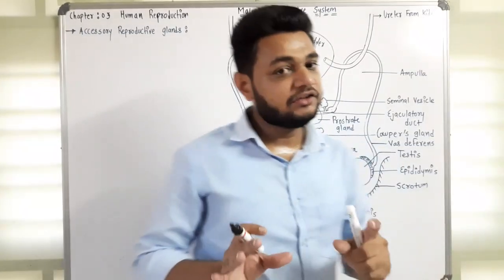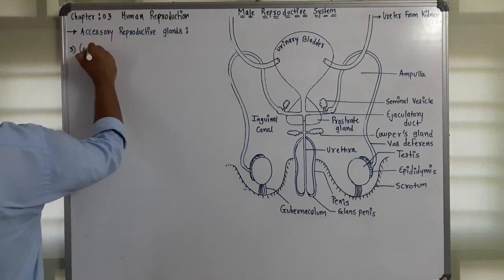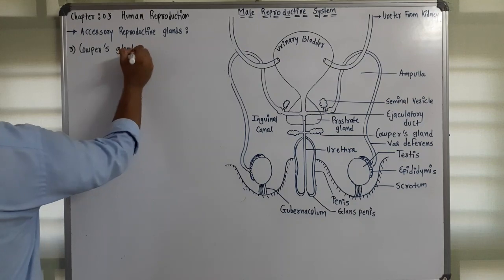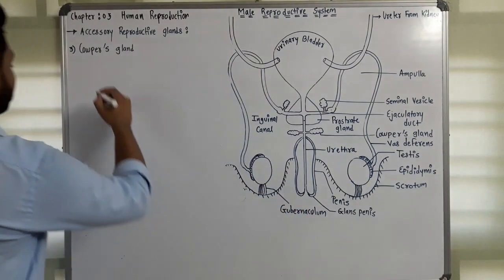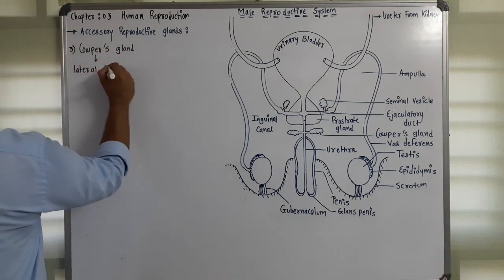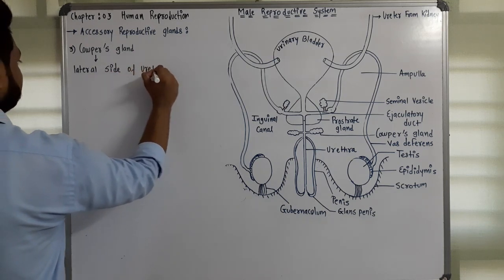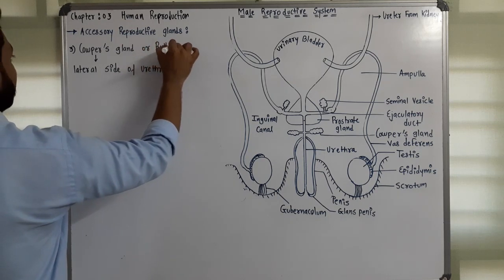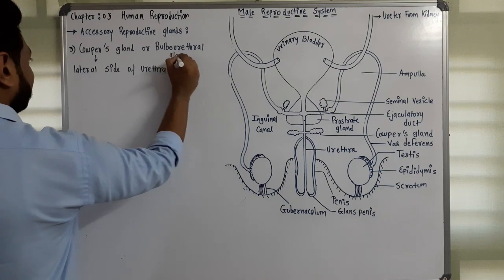Third is Cowper's gland. Okay, students, Cowper's gland is situated on the lateral side of the urethra. It is also referred to as the bulbourethral gland.